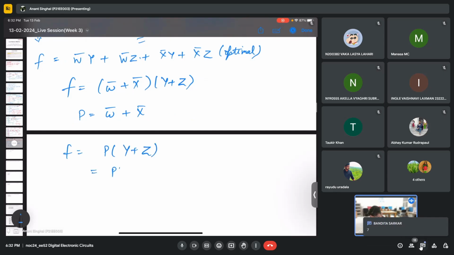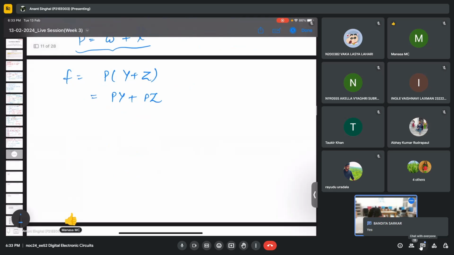That will be py plus pz. Got one more answer, 7. So let's see, is there any doubt till here? I have just assumed one variable, w complement plus x complement, as p. Is it clear till here? Any doubts?